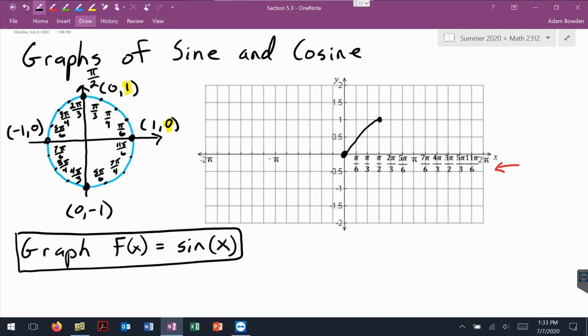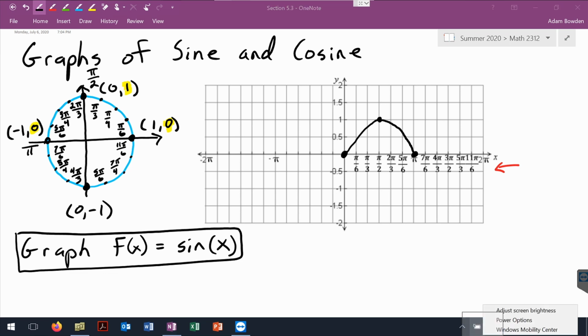And then notice how after we get up to 1 up there at pi over 2, the values are going to start to decline until we get all the way to 0 over at pi. So by the time that the function gets around to pi, it's going to have slowly decreased down back to 0 again.